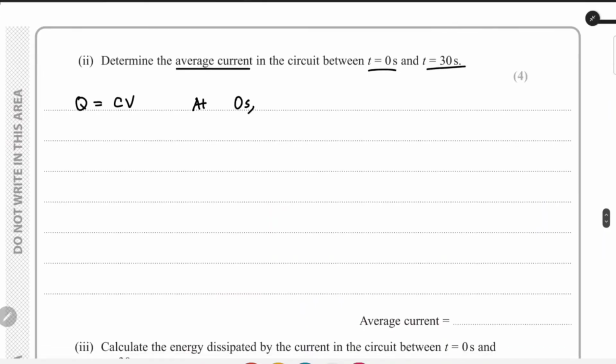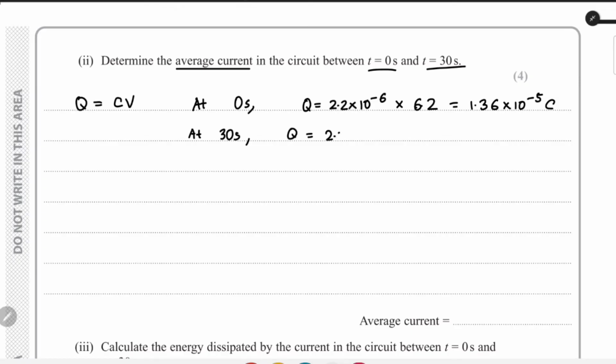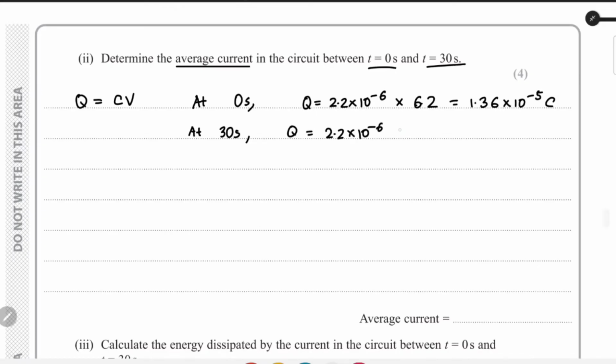So we have Q equals 2.2 times 10 to the power minus 6, this is fixed, times 6.2. This value comes out to be 1.36 times 10 to the power minus 5 coulombs. And at 30 seconds, the charge will be the capacitance, which is 2.2 times 10 to the power minus 6, times the voltage at t equals 30.